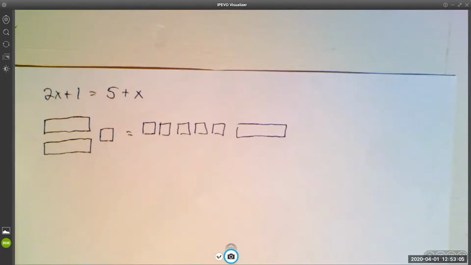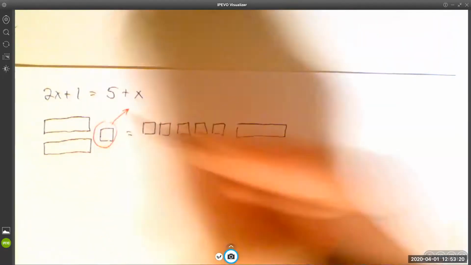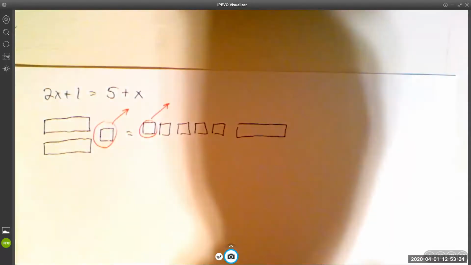And honestly, you could solve it by adding the opposite, but I'm going to solve it by takeaway. I think takeaway is kind of easier here. You're welcome to do this using whichever method you like. But I'm going to say, I can take away a positive unit and take away a positive unit. Okay.